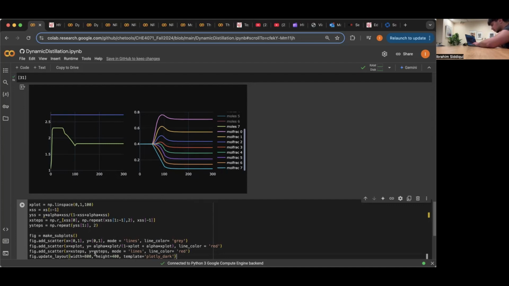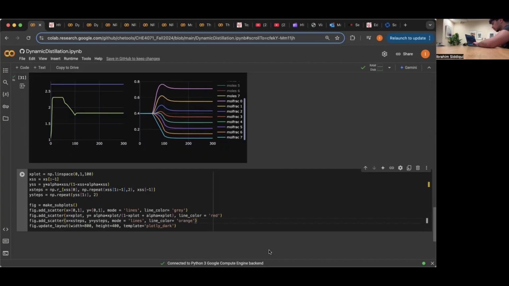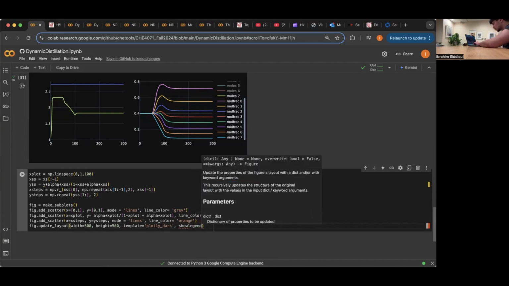We have our X equals our X steps, our Y equals our Y steps. We have our mode equals lines. Let's go ahead and give this a different color here, so this will be orange in this case. And then we have our fig.update_layout. Let's go ahead and change the width to 500 and the height to 500. And one more thing for this, we want to make our legend false. So showlegend equals false.